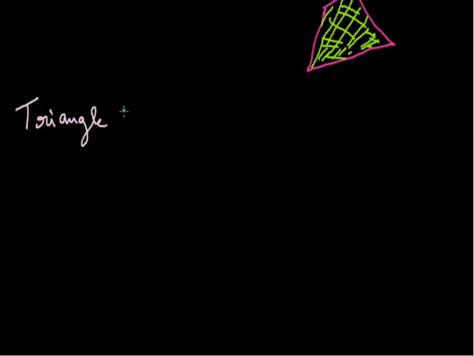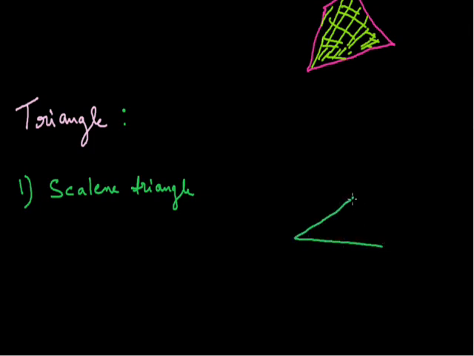We will first start with triangle. In this, first let us take the scalene triangle. In a scalene triangle, we know that all the three sides of the triangle are unequal.